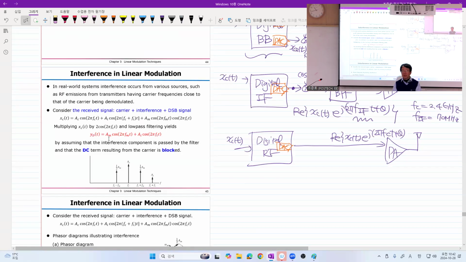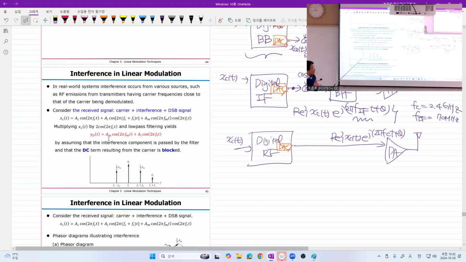Anyway, interference is one of the most important issues in radio communications, as I told you. So people try to know what receiver and transmitter structure is robust to interference. And to know that, they had to mathematically analyze the effect of interference at the receiver output.